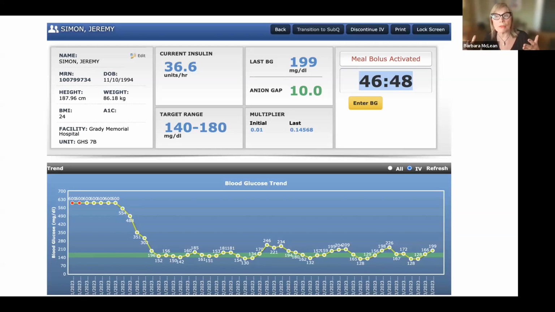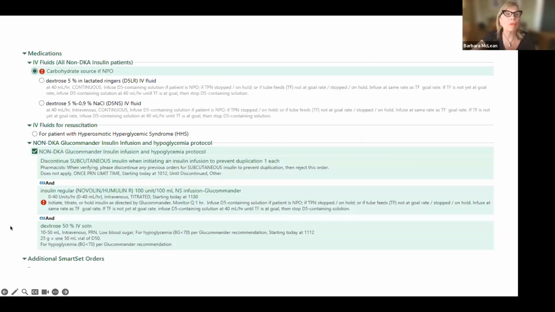Glucommander is designed to take 3 greater than 600 meter max readings, not adjust the insulin until number 4. And that's in order to slowly bring the glucose down behind the scenes. Once the glucose goes below meter max, that would be below 600, then you'll start to adjust your insulin very aggressively.